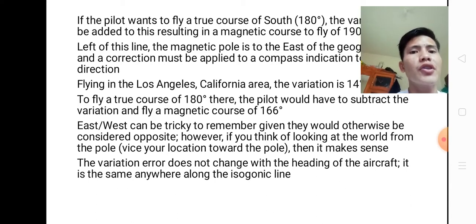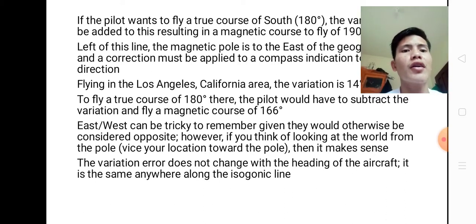Whether the direction is east or west can be tricky to remember, given they would otherwise be considered opposite. However, if you think of looking at the world from the pole, instead of from your location toward the pole, then it makes sense. The variation error does not change with the heading of the aircraft.